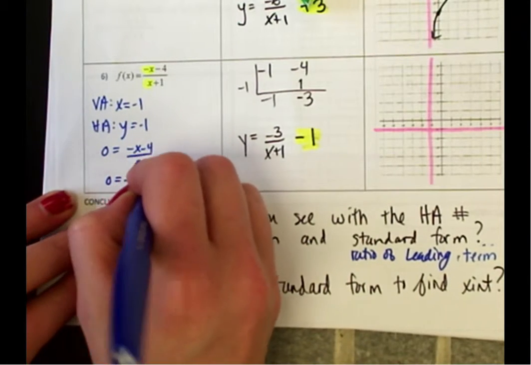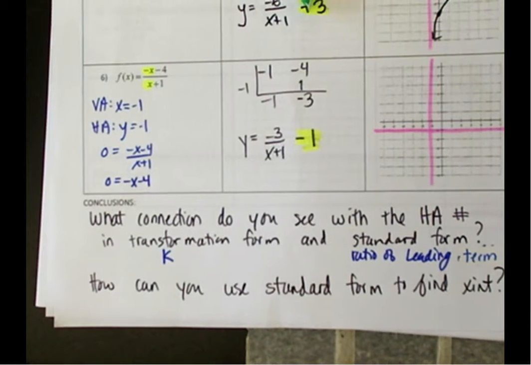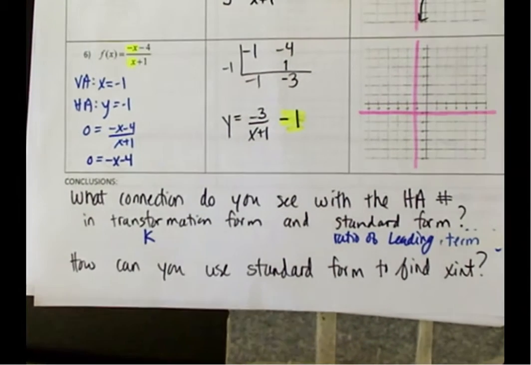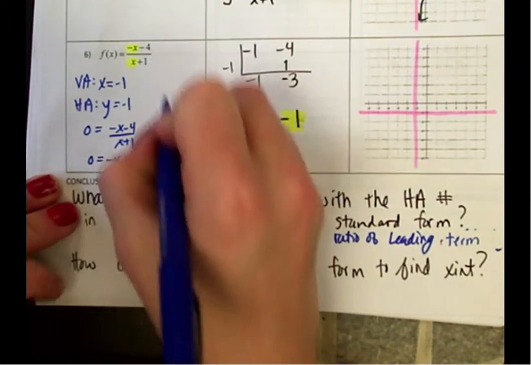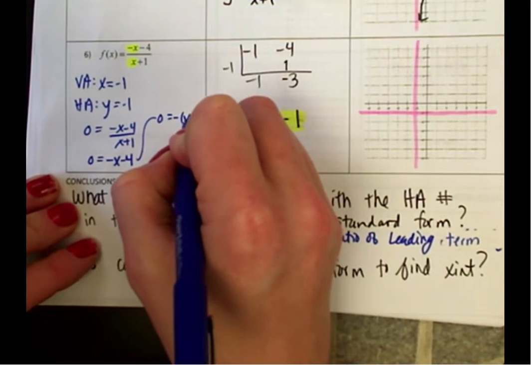Okay, guys. How do you solve that? Don't say isolate. I want to do it a different way. How do you solve a quadratic? Factor it. Can I factor that? Yes, there's a negative you can take out.